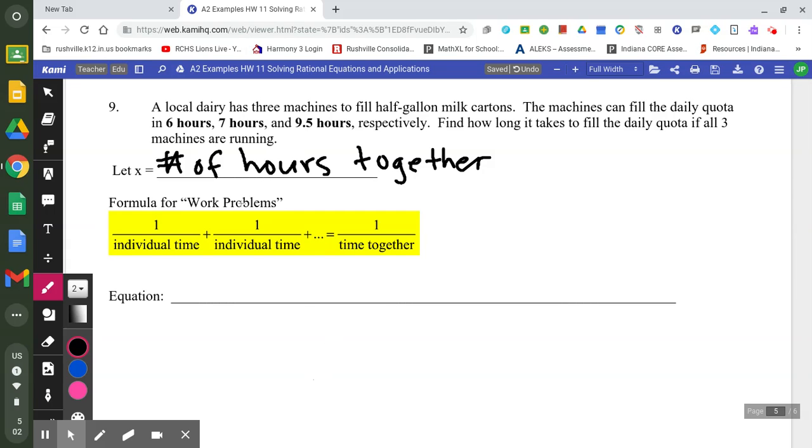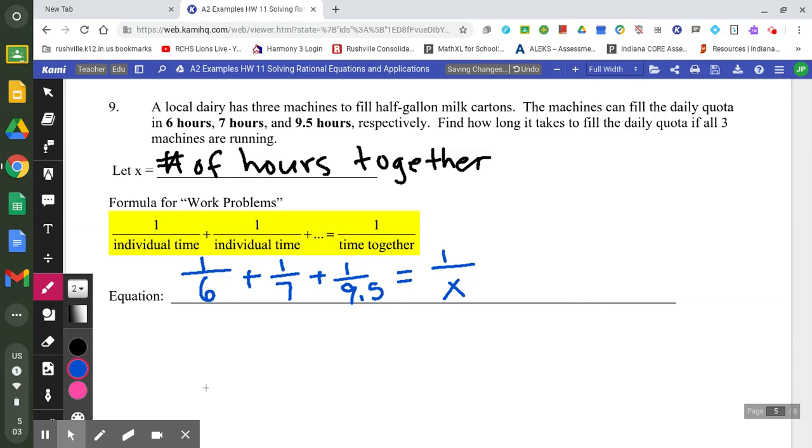So as you can see, our formula here, we're going to take 1 over, one of the individual times was 6 hours, plus 1 over another one of the individual times, which was 7 hours, plus 1 over another one of them, 9.5 hours, equals 1 over the time together. Well, that's what we didn't know, so that's our x.